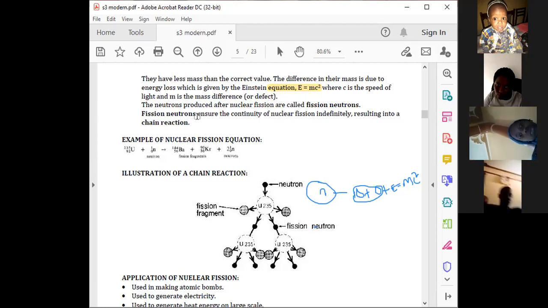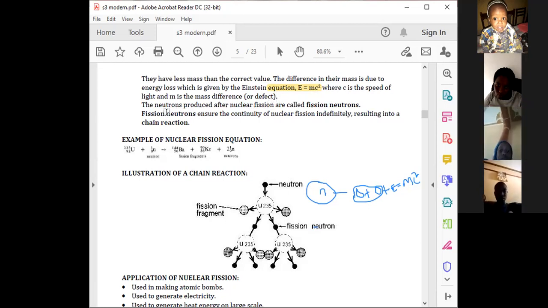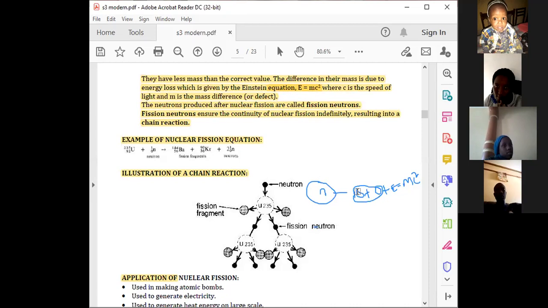Then we are claiming that the fission neutrons ensure the continuity of nuclear fission indefinitely, resulting in a chain reaction. Now look here. When this splits to form the first daughter and the second daughter, even the first daughter becomes unstable on its own because it is now independent.